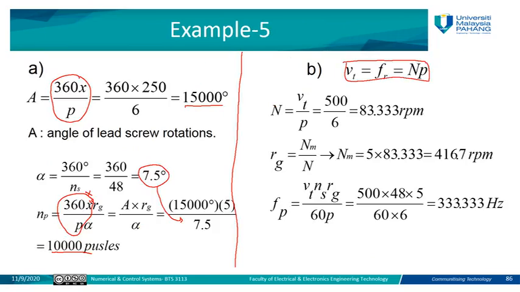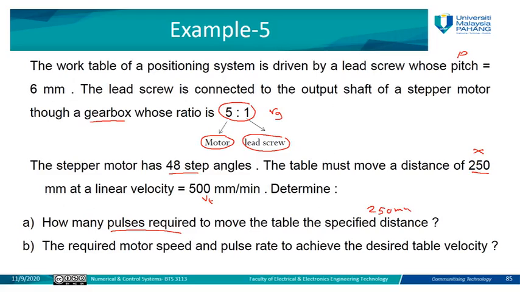So what is n here? According to this formula, n equal to vt over p. Okay, so we have p equal to 6, it's given the pitch is 6, and also the vt here is 500. According to the example, the required linear velocity is 500.